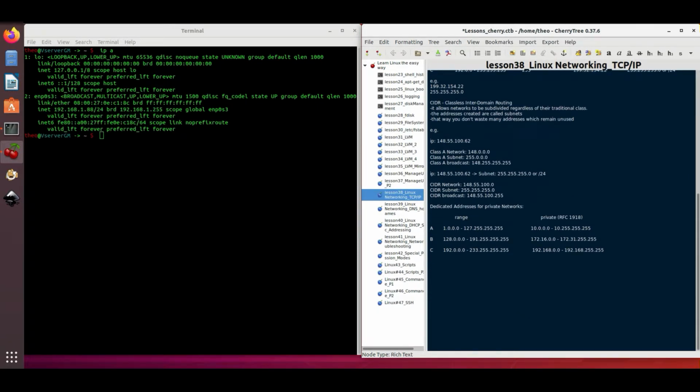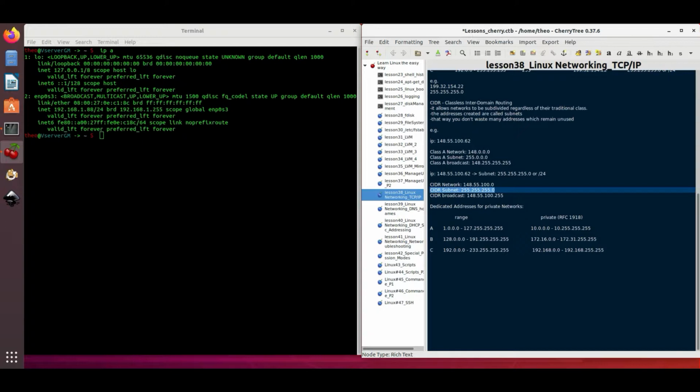So the CIDR network, if we want a /24, would be this one, because you take the original address and you see where the 0 is in the subnet, at the last octet. Then we put a 0 at the last octet, and this is the network address, the first one. So the subnet is, as we stated, /24, and the broadcast is easy.